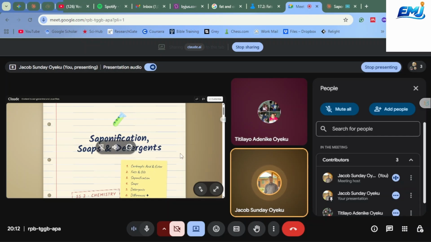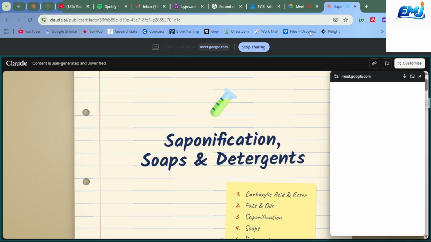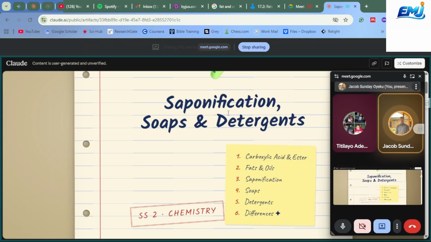What we're going to be looking at is carboxylic acid, fat and oil, carboxylic acid and ester, fat and oil, then saponification, then soap, then detergent. Then we'll talk about the differences.